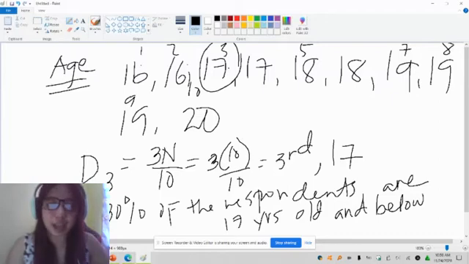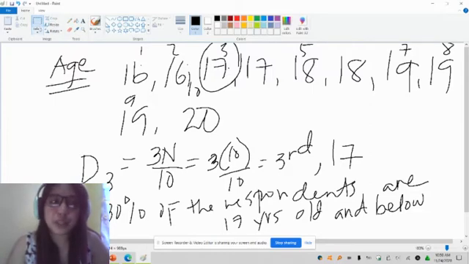Which means that 10% of the respondents is only one, so that is 16 years old. 20% of the respondents are 16 years old and below, but for our data set, because we can already see that both of them are 16, then we can simply say that they are both 16 years old. So the interpretation depends on the data set.